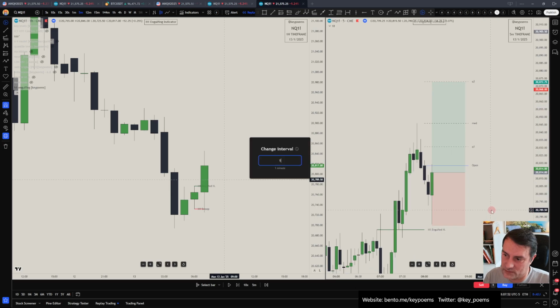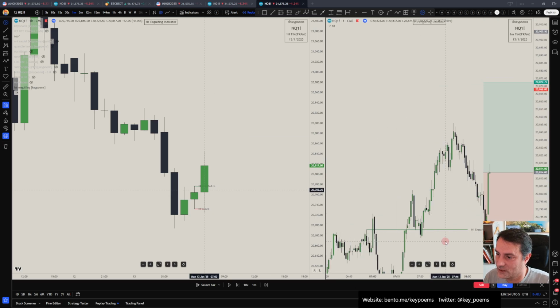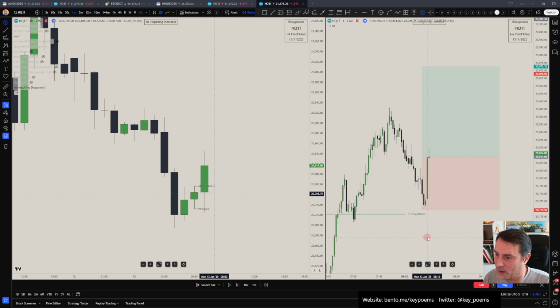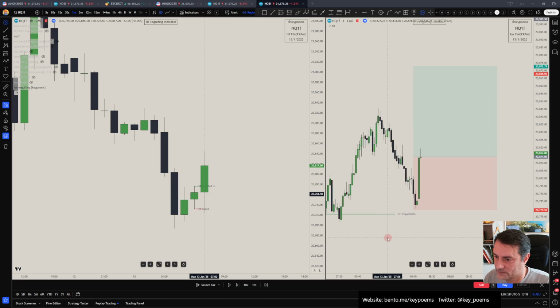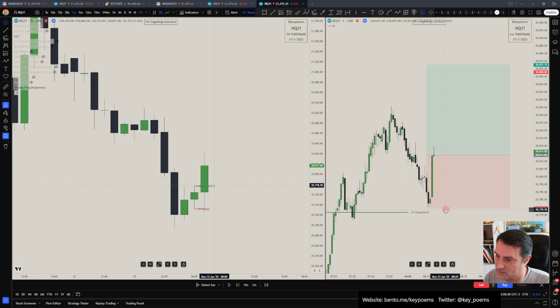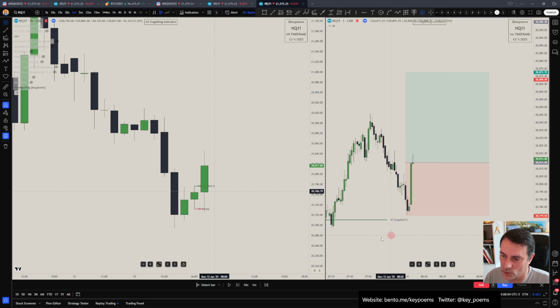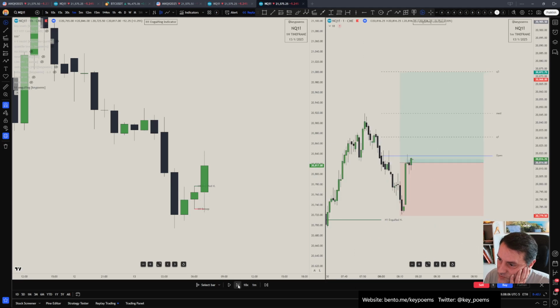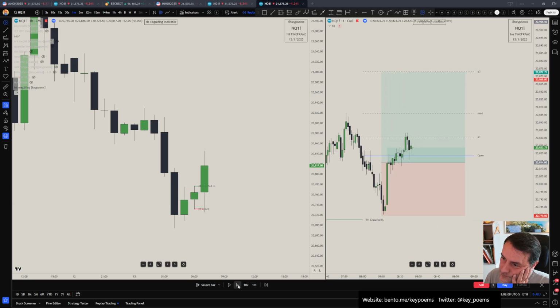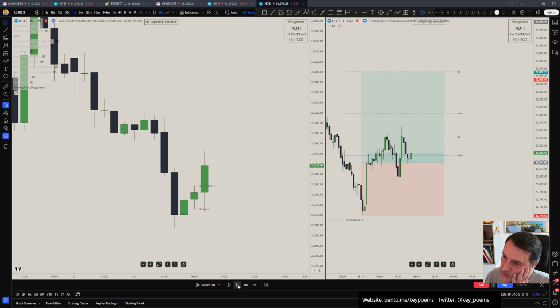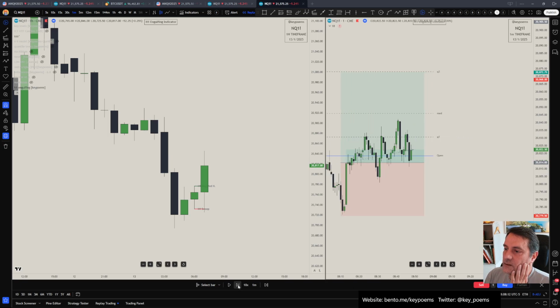We could go down to 1 minute, see if there's something a little bit more palatable, if we can reduce the stop. Nah, it's not right. All right, then let's just hold it. See what happens. See if we get stopped. Let's see.